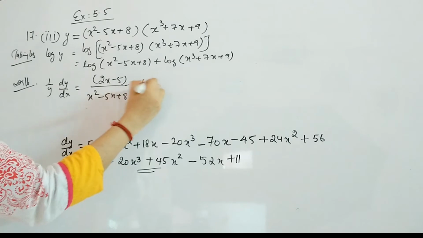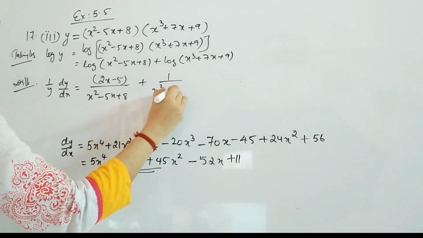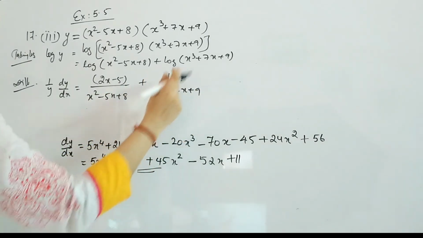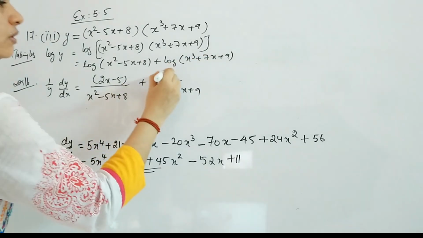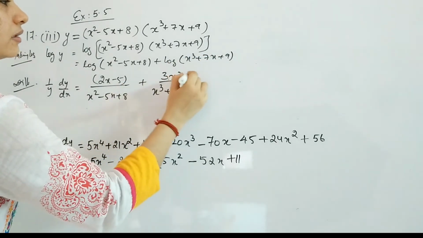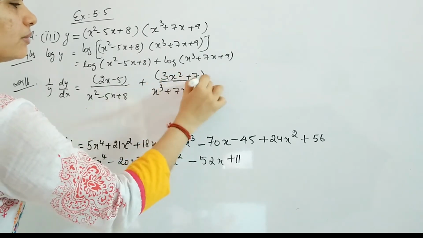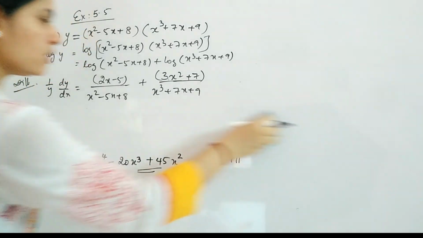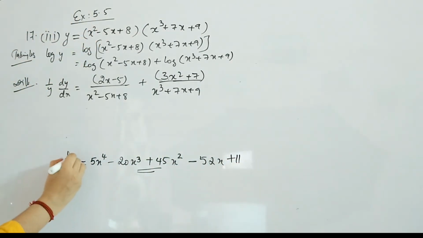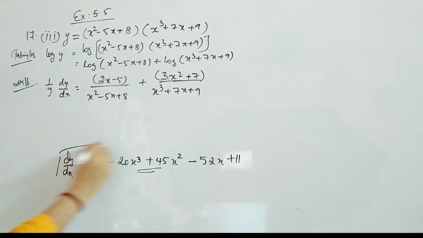Plus 1 by x cube plus 7x plus 9 into the derivative of this one, which will give you 3x square plus 7 in the numerator. Okay, I am keeping this in order to see whether both have the same answer or not.